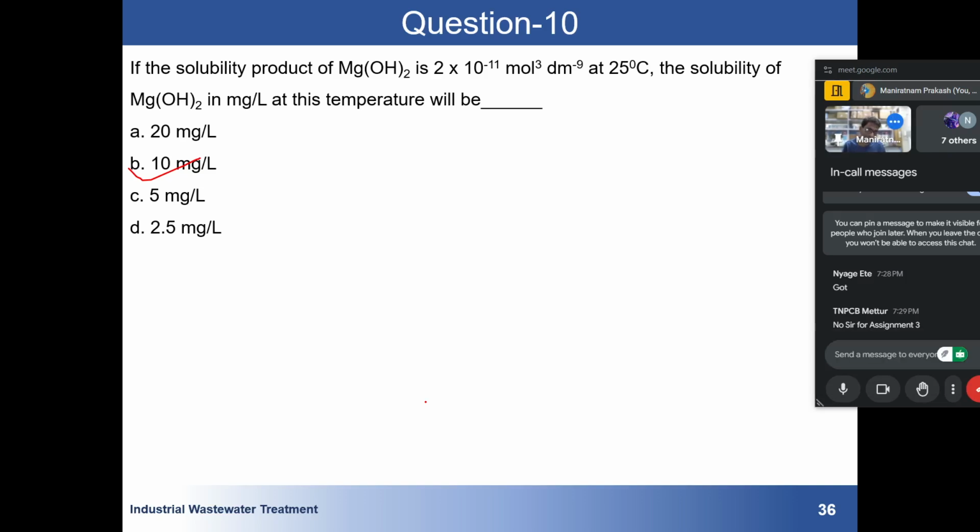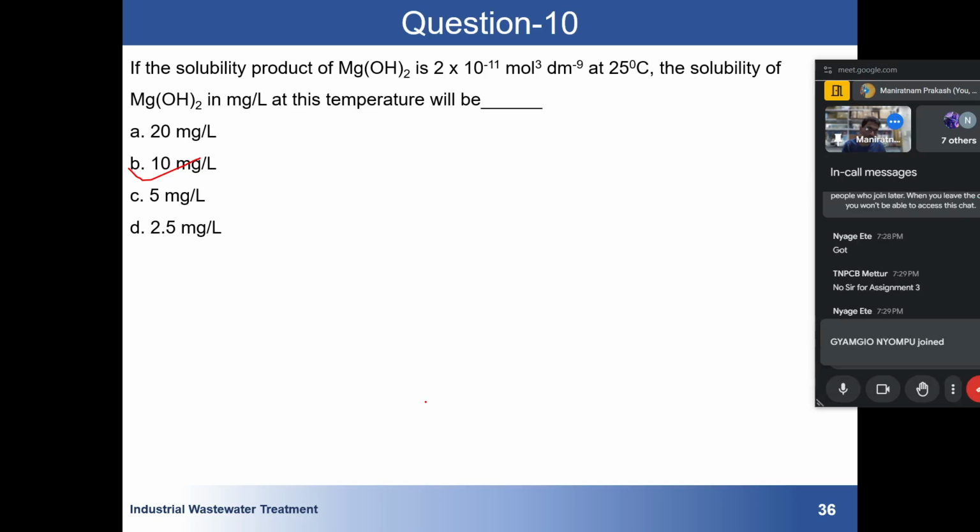Okay. So for assignment 1, it's all done. I have already mailed it, but again for assignment 3, I will send one small reminder. So just wait for some time. You will get marks for assignment 3 also.